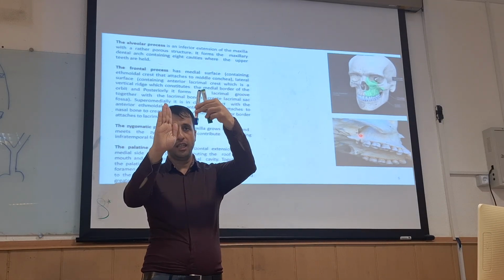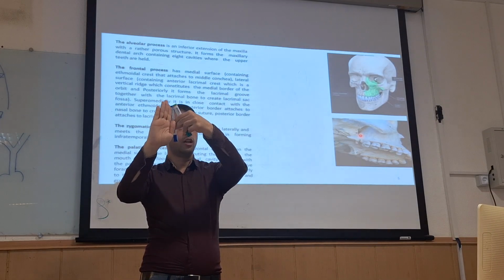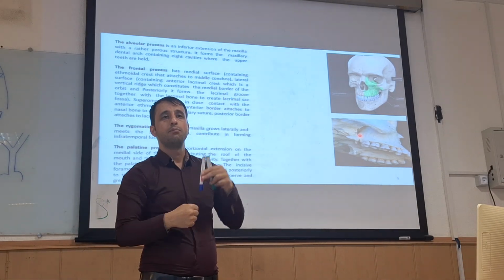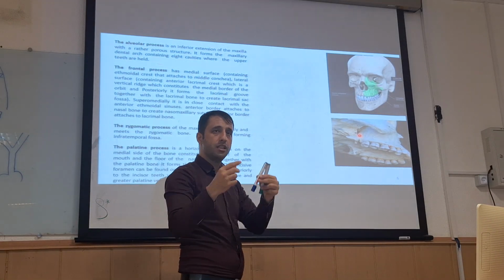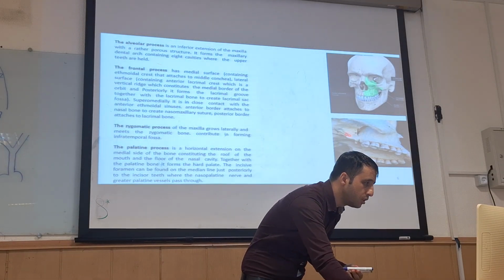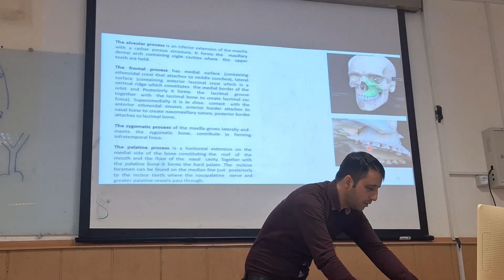These two connect together. At the posterior side, we have the pyramidal process, which covers the pterygoid fissure and also attaches to the maxillary tuberosity.